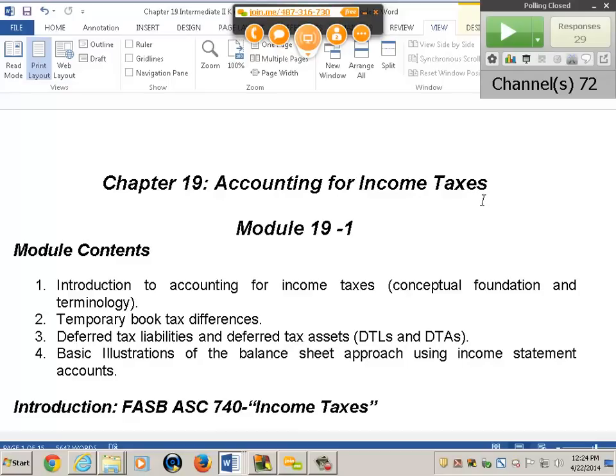The dilemma for the accountant, however, is that debits don't equal credits anymore, because the debit to tax expense does not equal the credit to tax payable. And the difference is going to be the deferred tax.